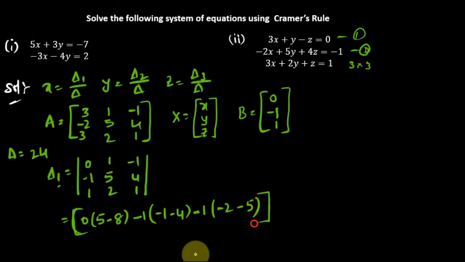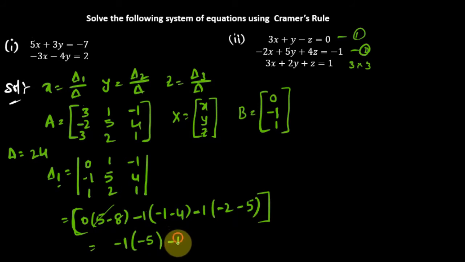Okay. So now we will simplify this. This term will completely become 0. 0 into something is 0 only. So minus 1 outside the bracket as it is I will write. Inside, if you solve this you will get minus 1 and minus 4, total is minus 5.